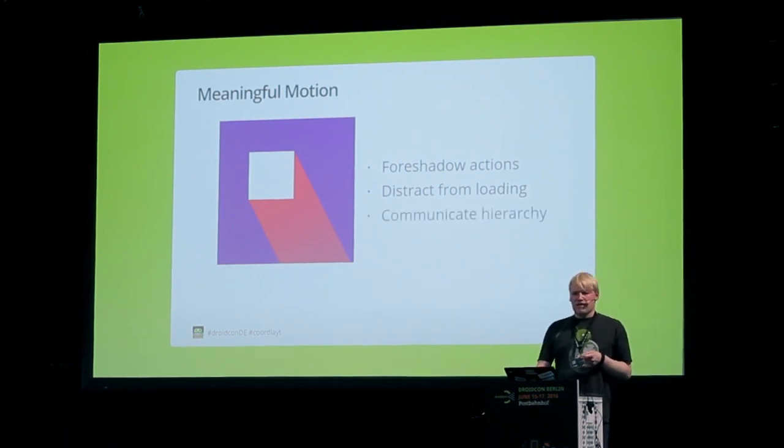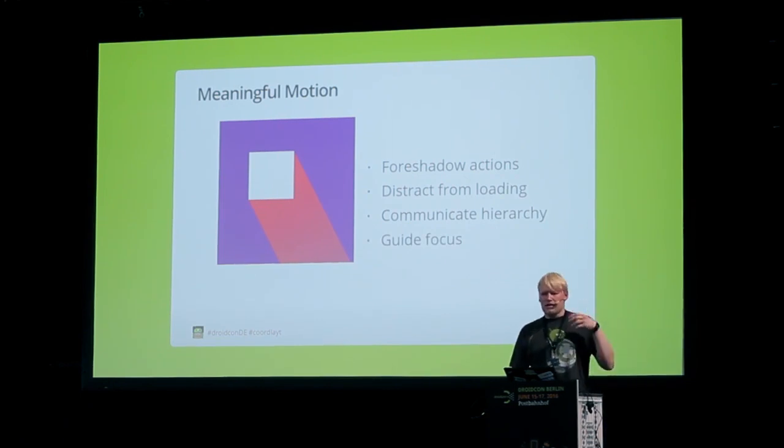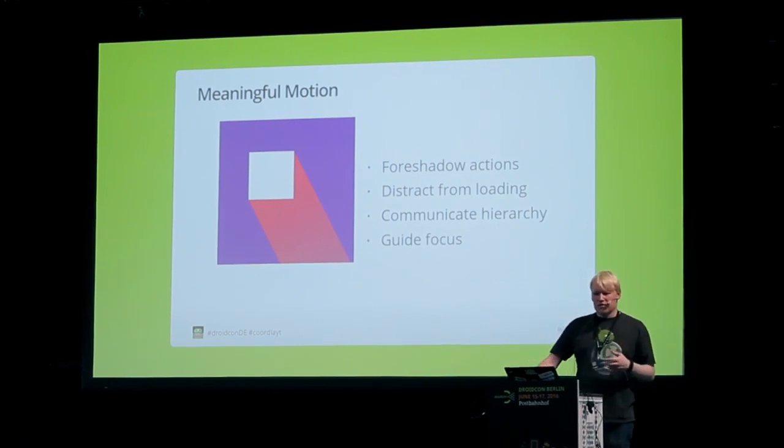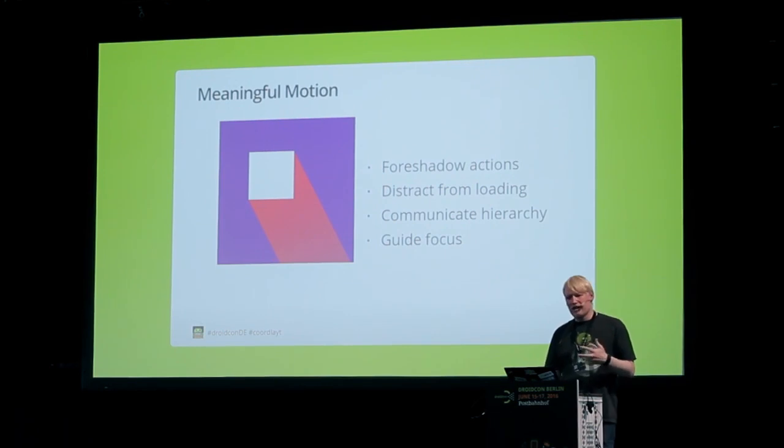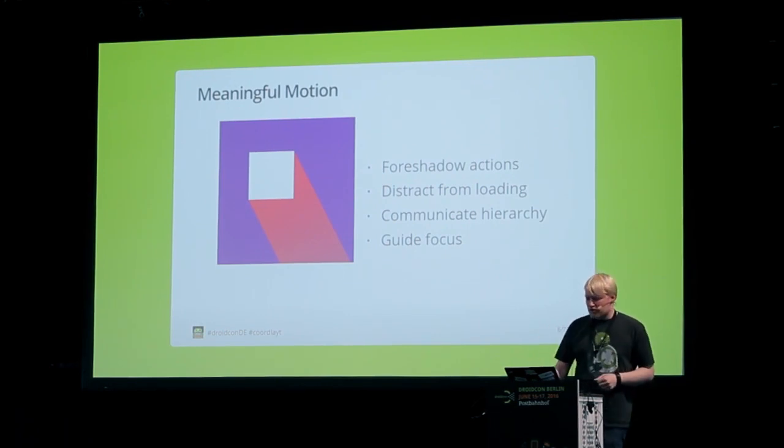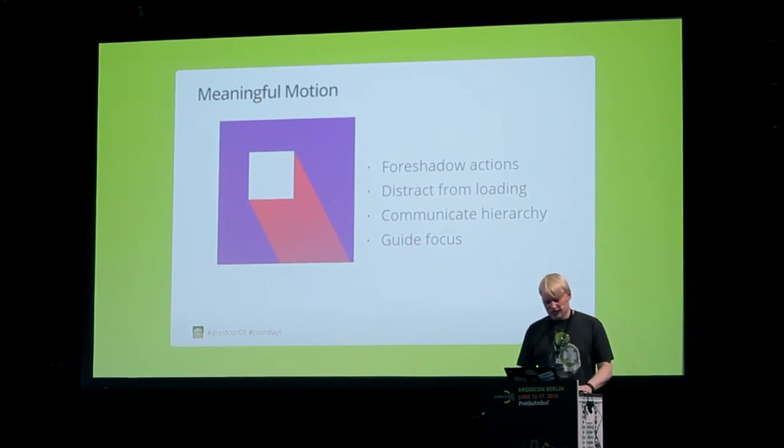Another good reason is that it communicates hierarchy for your material elements. And one last big reason is that it guides focus. So when a new element becomes visible and it's really important, animate it in so the user will really see that it enters your screen and that it's there.